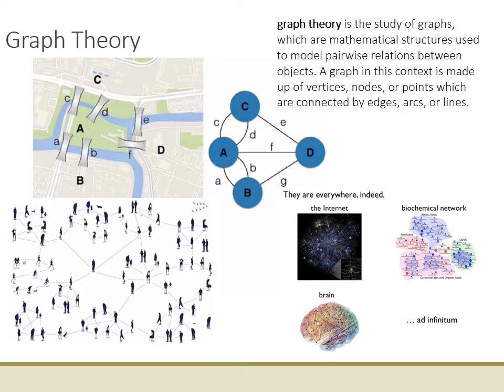This map on the upper right here shows 4 different areas of the city with capital letters and bridges between each of those parts of the city. You can think of those as one-way bridges. And the abstract representation of that is the graph on the right with the blue nodes. Essentially, that's what the graph looks like.